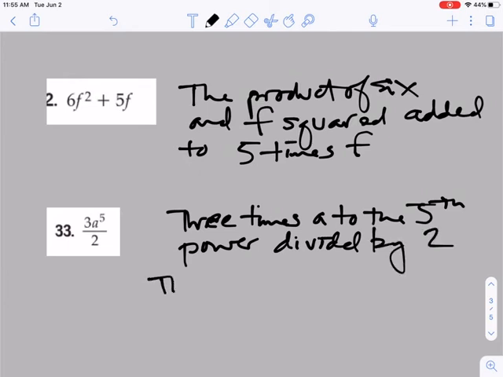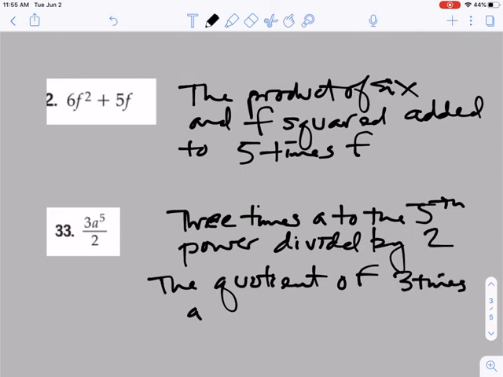Or you could say the quotient of, and then you'd say 3 times a to the 5th power, and 2. All right, so the quotient of this and that.